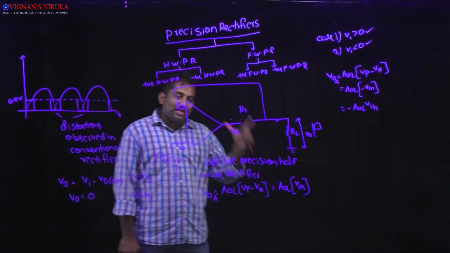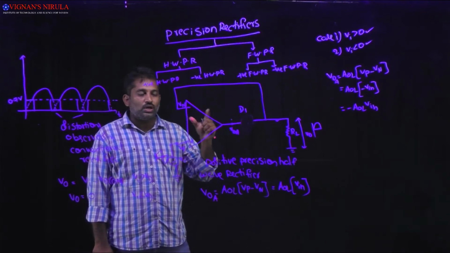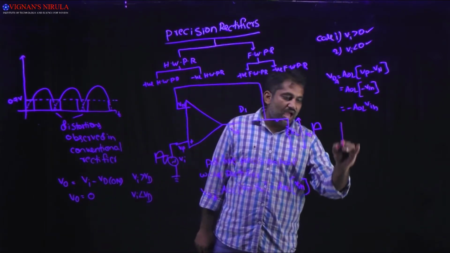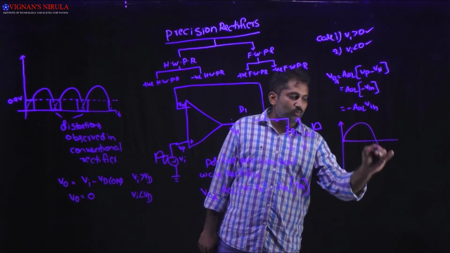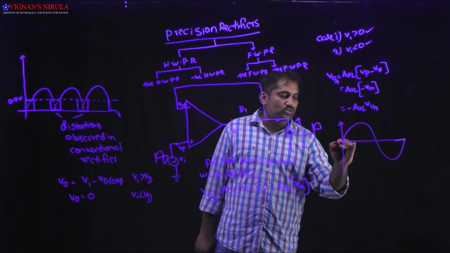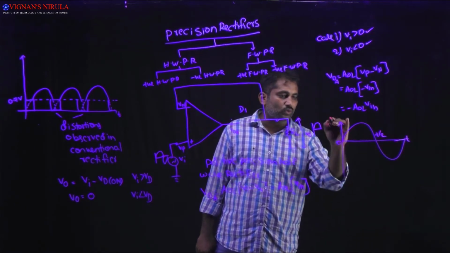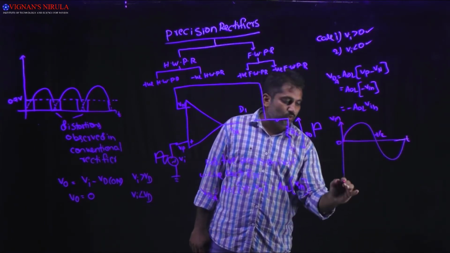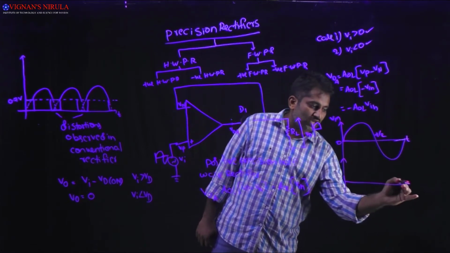We can clearly observe this with the help of the input and output waveforms. Here I am going to draw the input waveform, taking the sine wave with 0, T by 2, and T. Here I am treating it as the input, and here I am going to consider the output voltage.